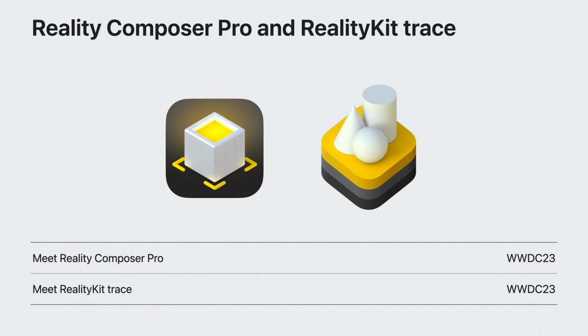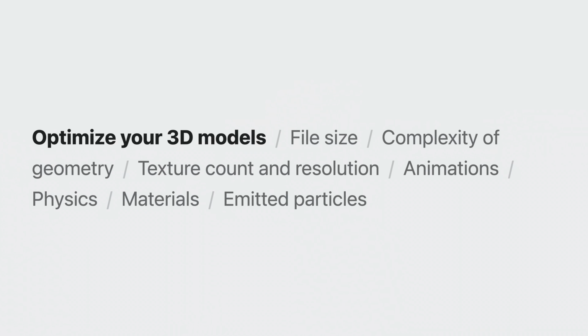Now that we have looked at some of the tools to help you do profiling for potential performance limitations, let's go over some of the best practices to help you optimize 3D content for performance. Earlier, I mentioned the different factors that determine the performance of Quick Look 3D content.